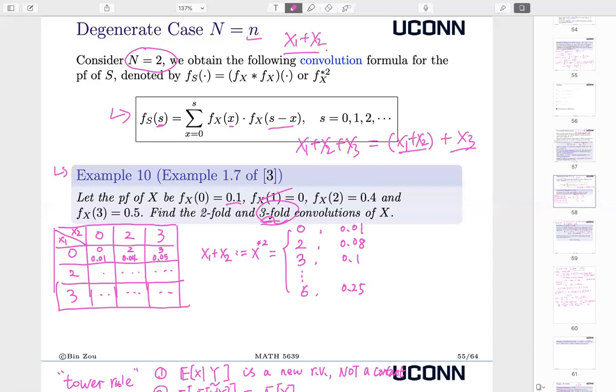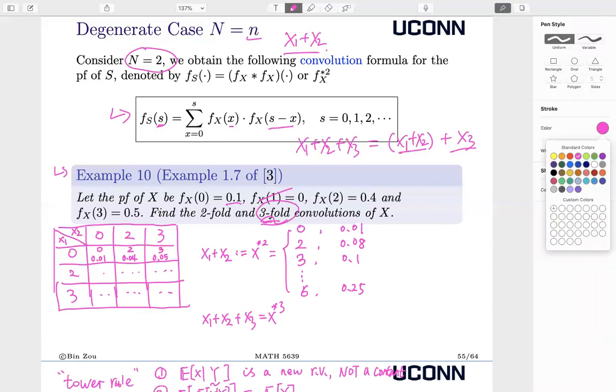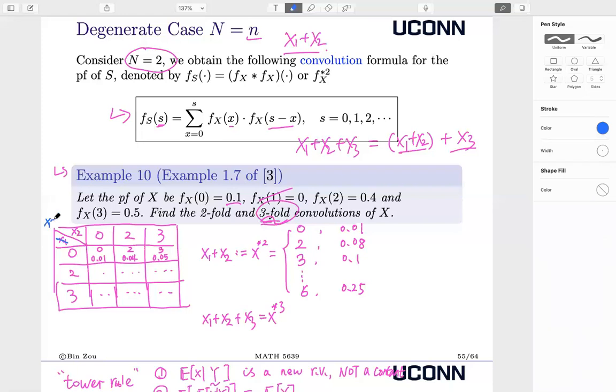Once you have the twofold convolution, you can continue to do the threefold. Similarly, you get a two-way table, except right now x1 plus x2 is the column, and you leave x3 as the row. If I use a different color, I'm going to change this to x1 plus x2, and I'm changing this to x3 if I'm calculating the threefold.